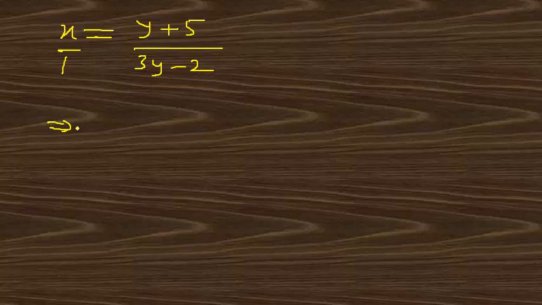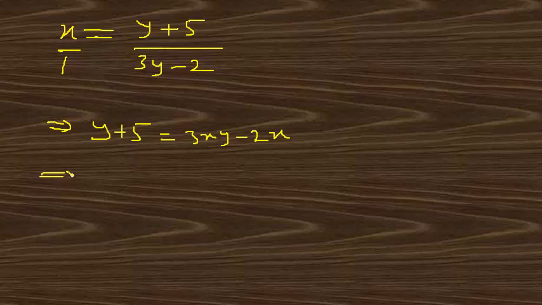So we do cross multiplication, so we have 3xy minus 2x equals y plus 5. Okay, so let's group like terms.